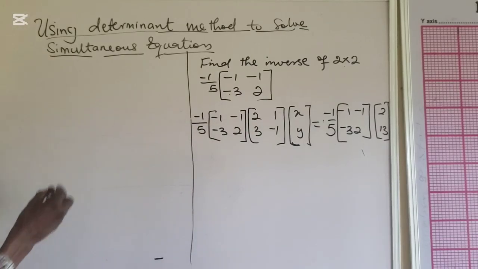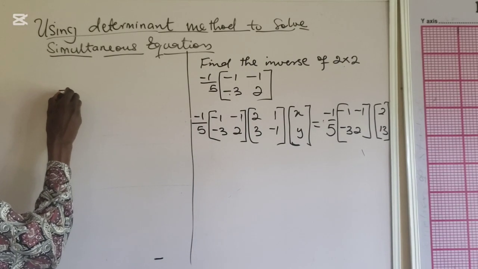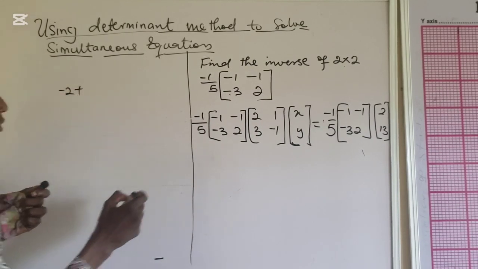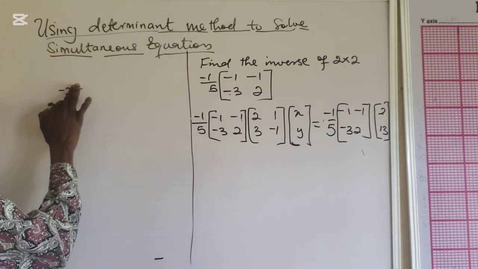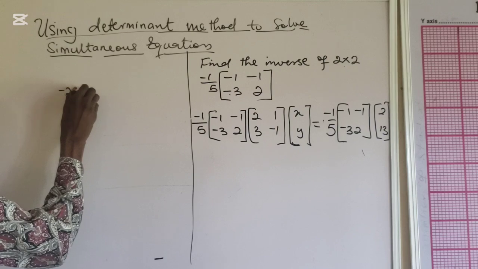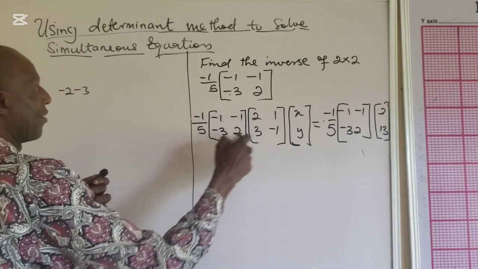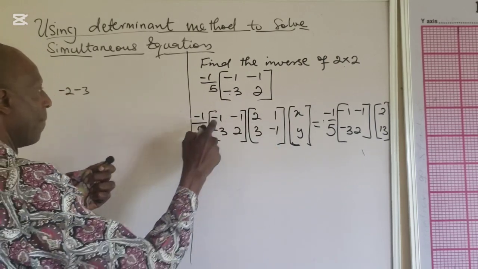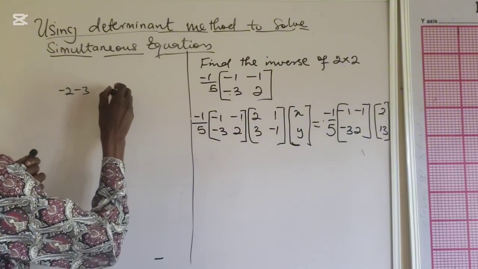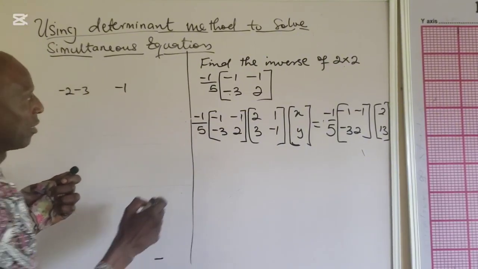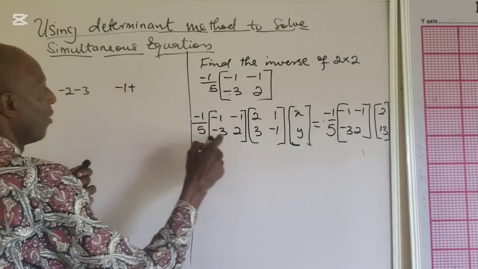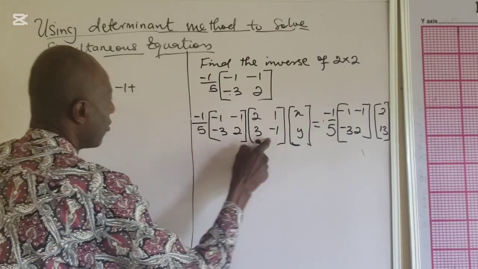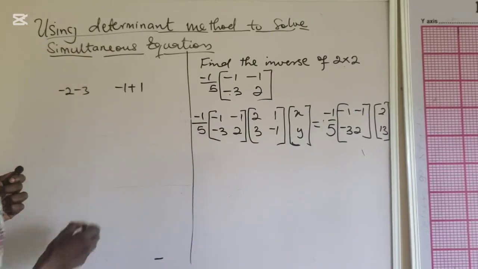Minus 1 times 2 is minus 2, plus minus 1 times 3 gives us minus 3. Now, I will move to the other column. Minus 1 times 1 is minus 1. Minus 1 times minus 1 is plus 1.